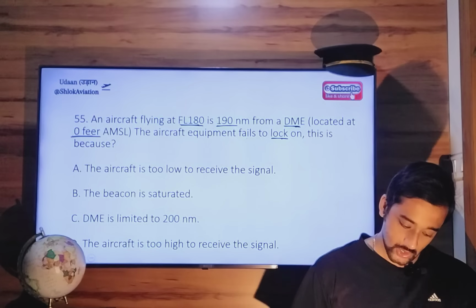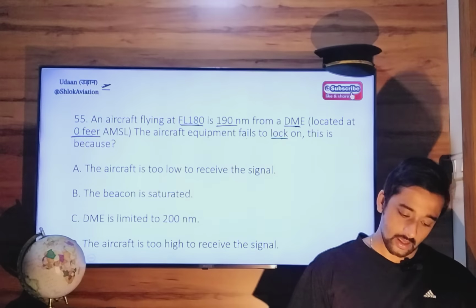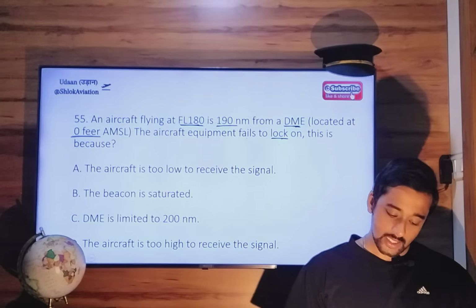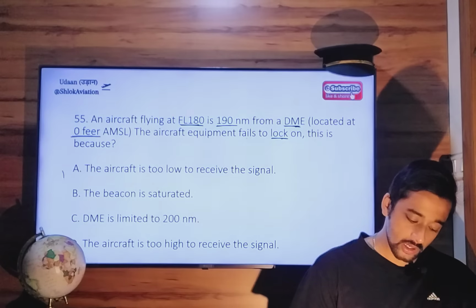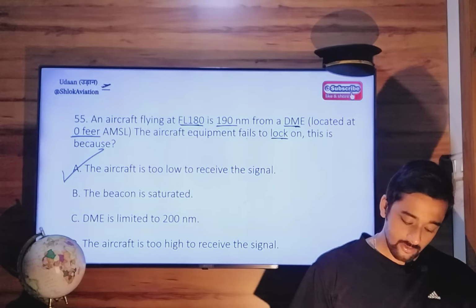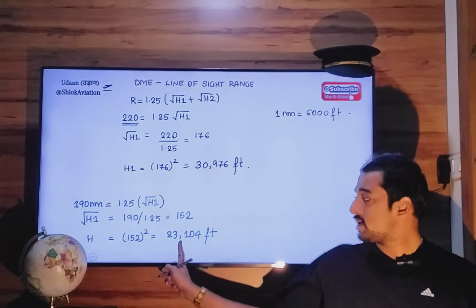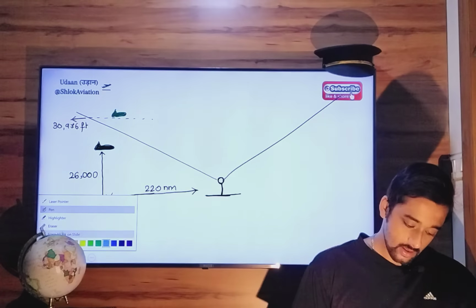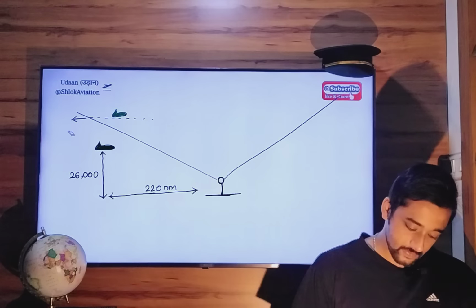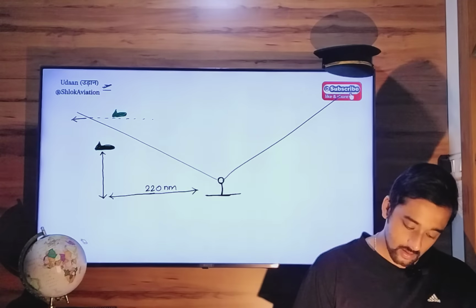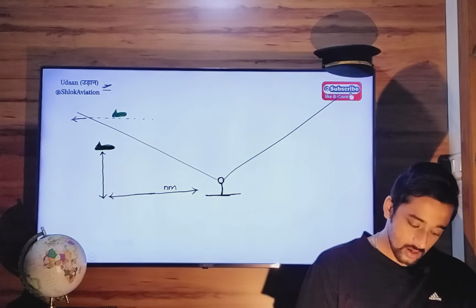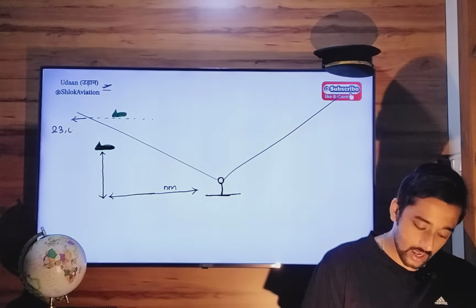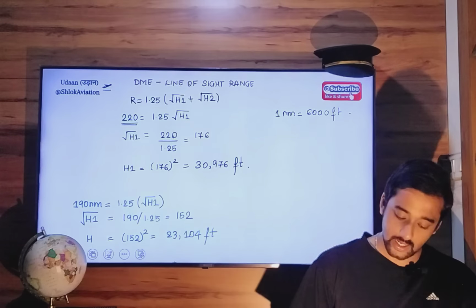So the correct answer will be: aircraft is too low to receive the signal. Now the aircraft must be at 23,000 feet high, as we have found out here.